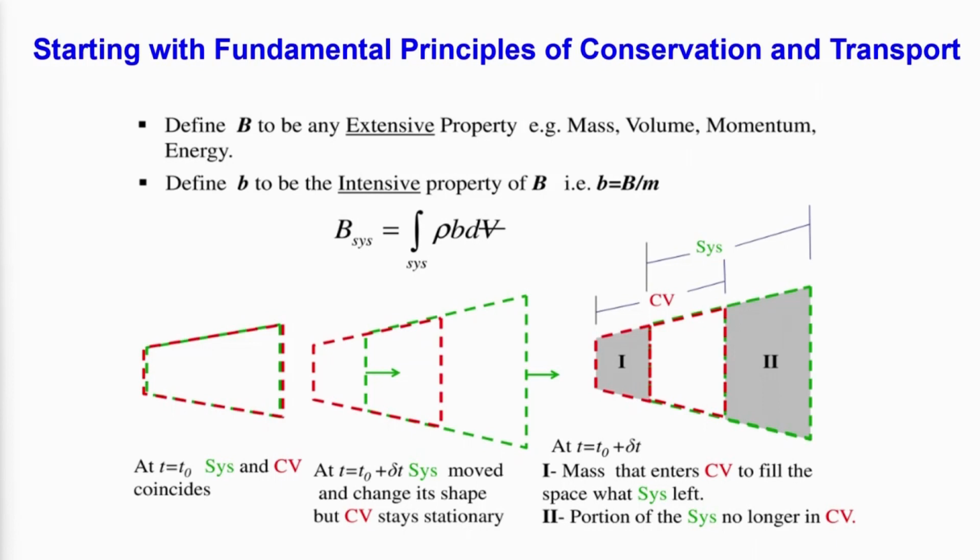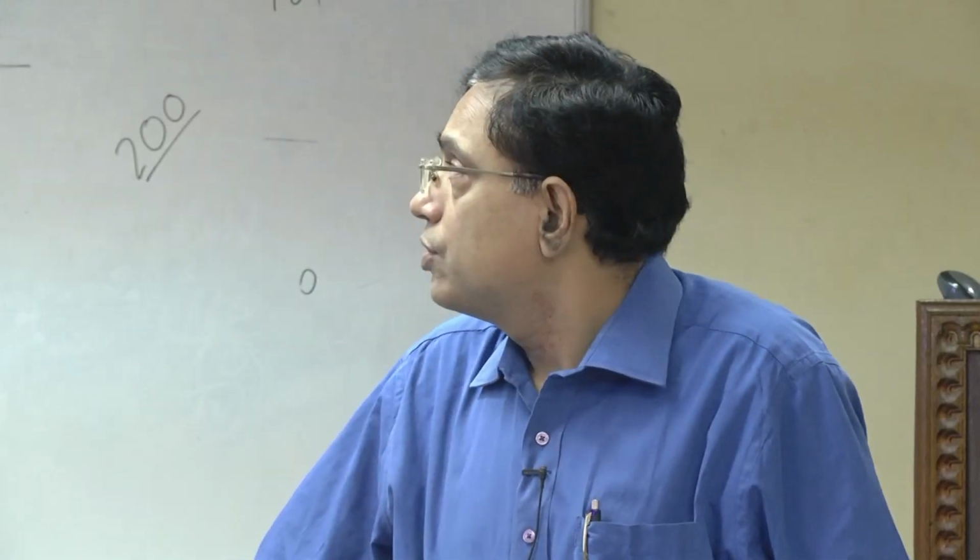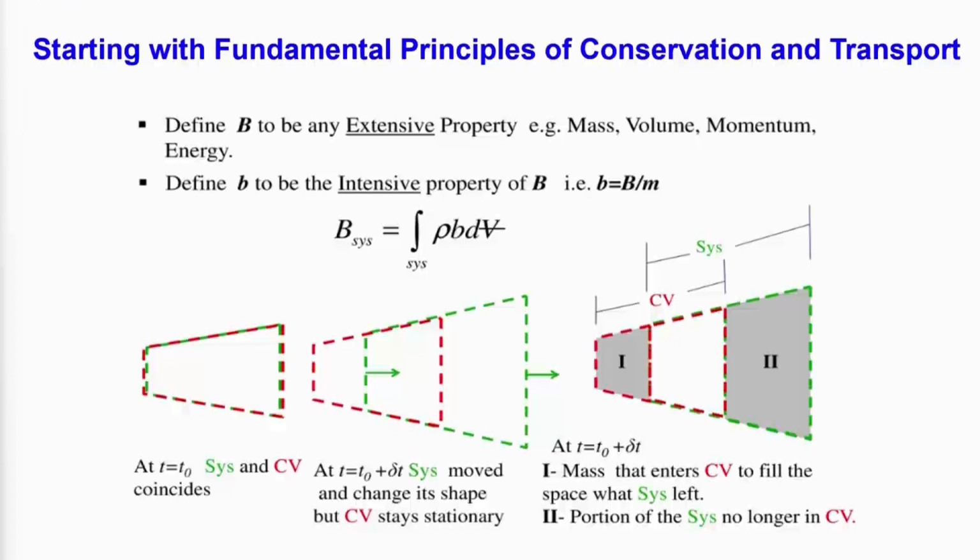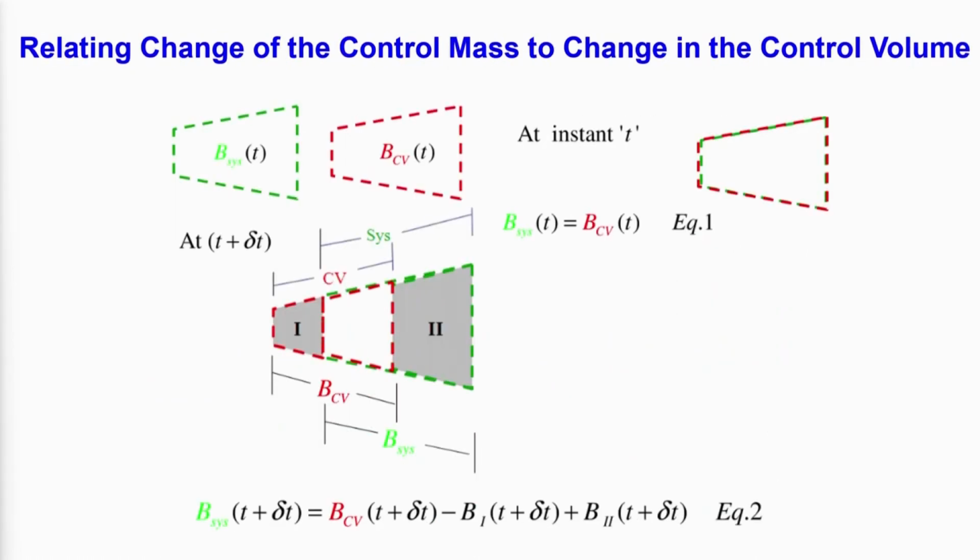We define capital B as any extensive property, that means a property for the total mass, that is mass, volume, momentum, energy, etc. We also define small b, which is capital B per unit mass, called the intensive property. With this definition, we are trying to relate the change of the control mass to the change in the control volume.